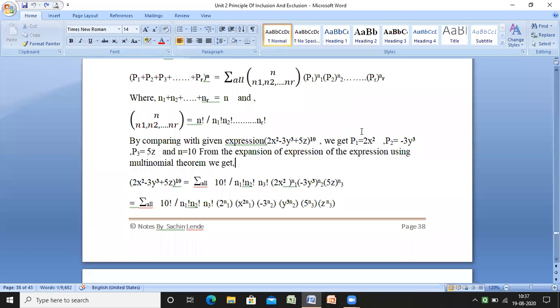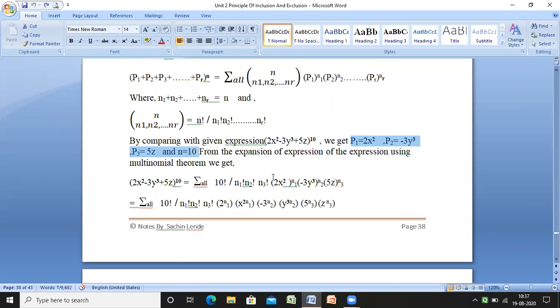Suppose we consider 2x square as p1, we consider minus 3y cube as p2, and we consider 5z as p3. So p1 equals 2x square, p2 equals minus 3y cube, and p3 equals 5z, raised to power 10, so n equals 10.